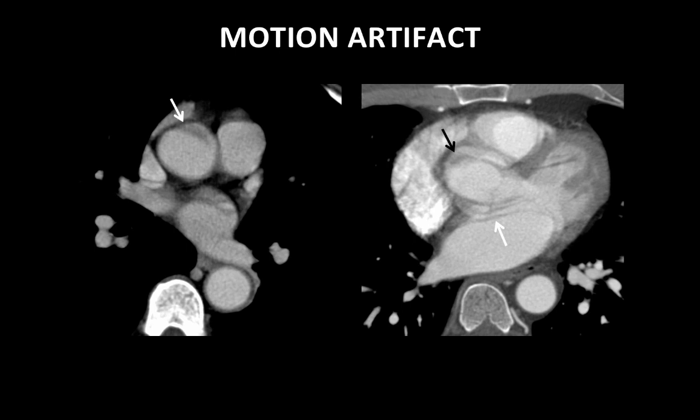And this is very distinct from the serpiginous intimal flap that I showed you in the previous slide. The intimal flap that we see in aortic dissections is going to spiral as it propagates distally, and it looks very distinct from the motion artifact that you see in these two examples here.